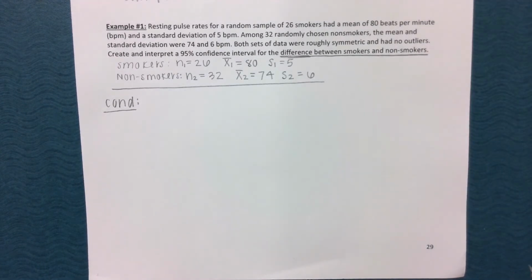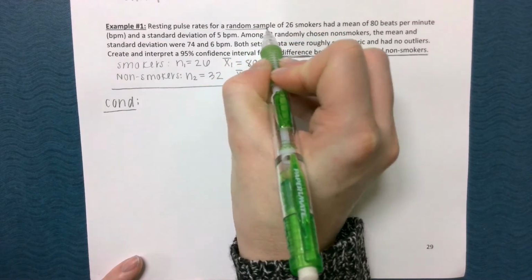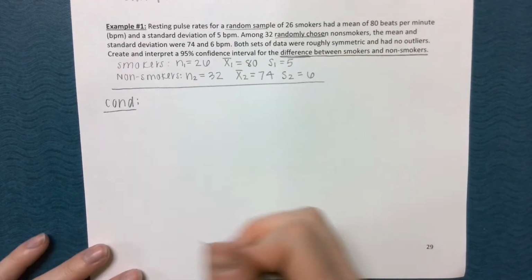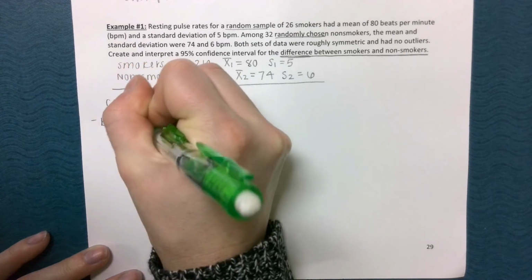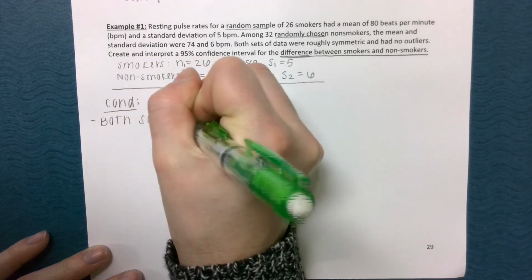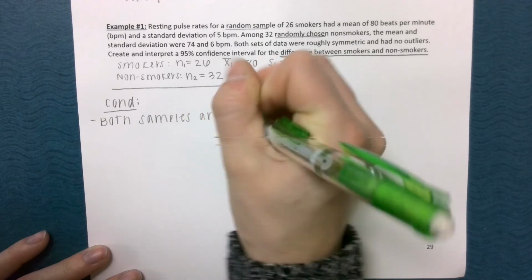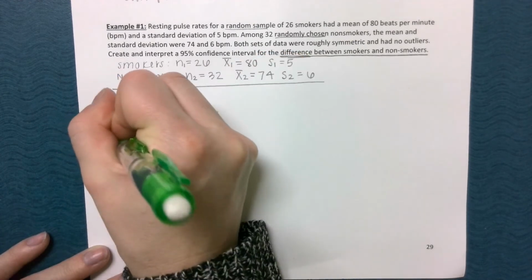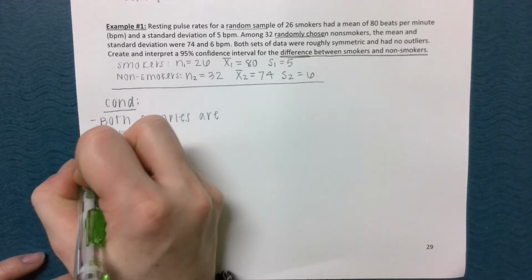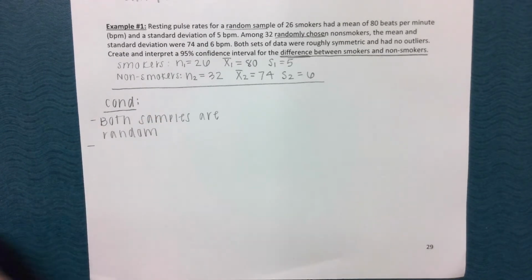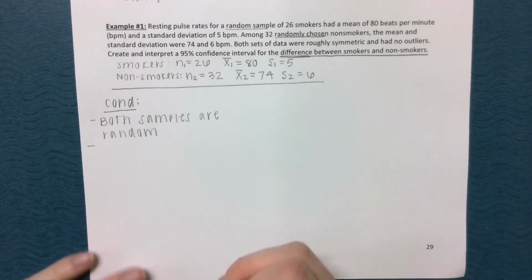So my first condition is that both samples are random. I see that they took randomly chosen or randomly sampled people there. So I'm going to say both samples are random. The second condition, checking to make sure that my samples are less than 10% of the population.